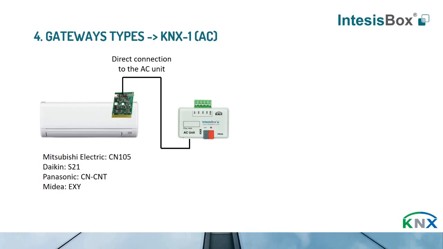So in the split or in the indoor unit, we can find the manufacturer board, and depending on the manufacturer, we are connected to different connectors. For example, as we can see here, for Mitsubishi Electric, we are connected to CN105. For Daikin, S21, Panasonic, and Midea, different connectors, okay?